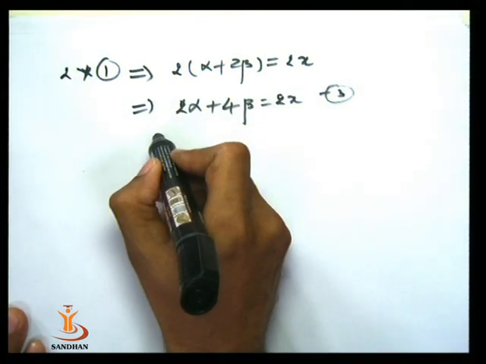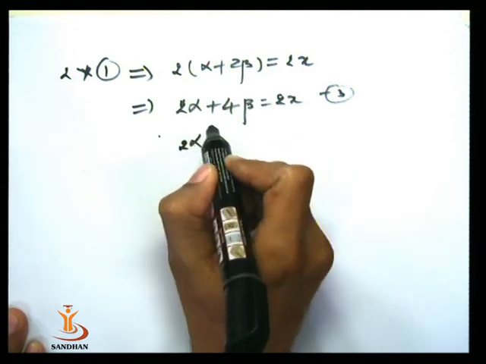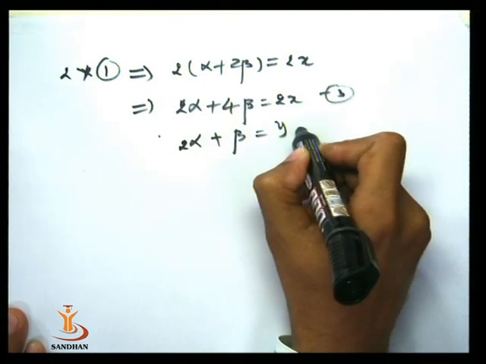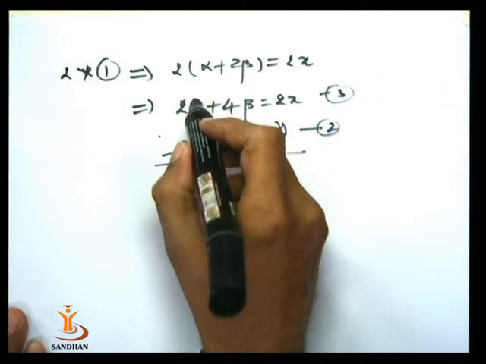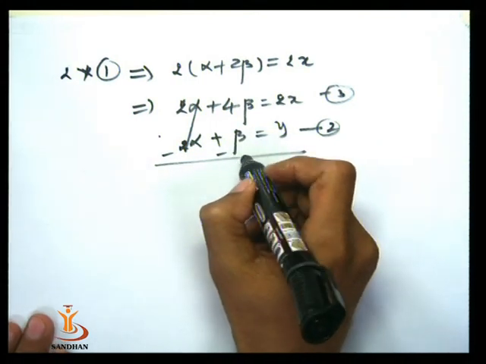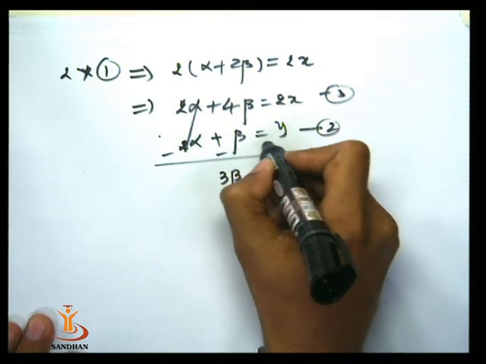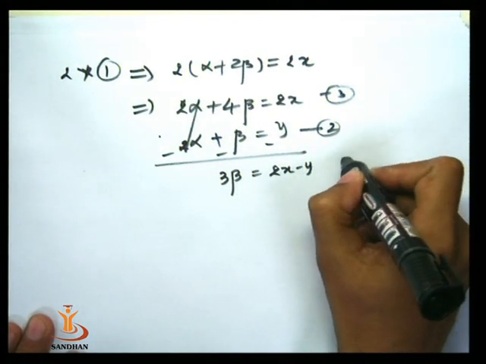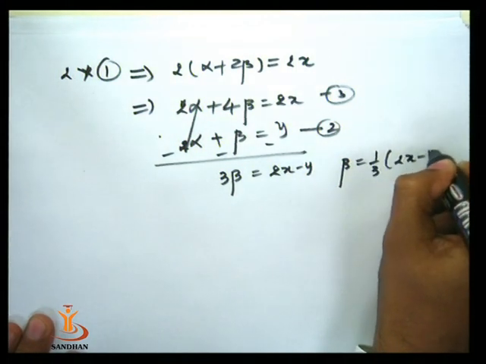Now if I subtract 2 from this, where equation 2 is 2 alpha + beta = y, then 2 alpha cancels, that is, alpha is eliminated. So we get 3 beta = 2x - y. From this we get beta = 1/3 times (2x - y).